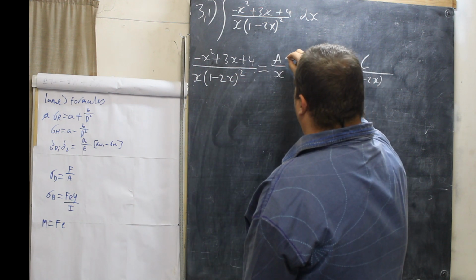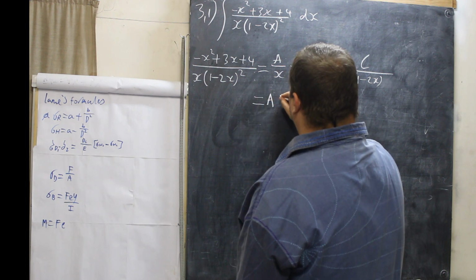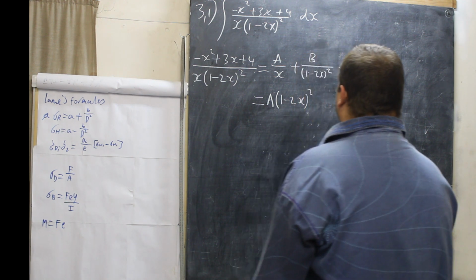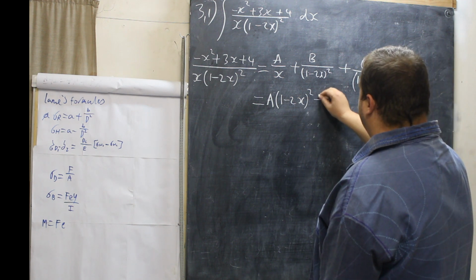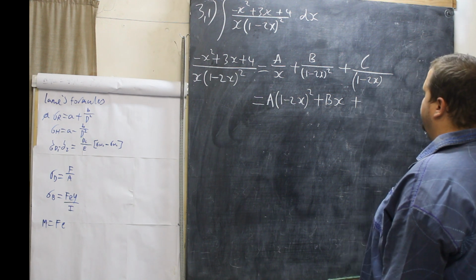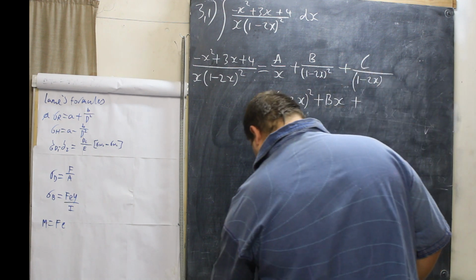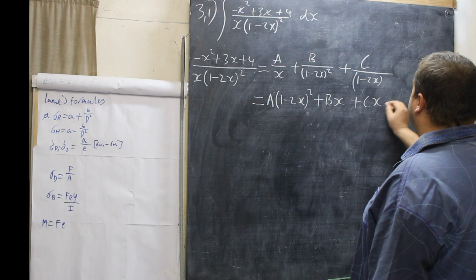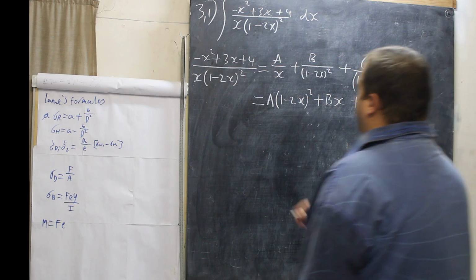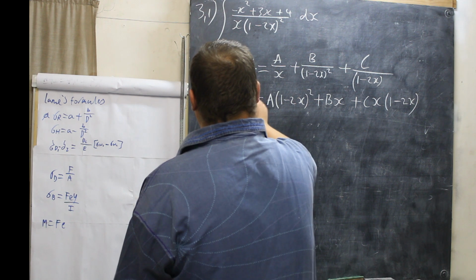So, this multiplies by x, and we get A times (1 minus 2x) squared plus Bx plus Cx times (1 minus 2x). And this is minus x squared plus 3x plus 4.